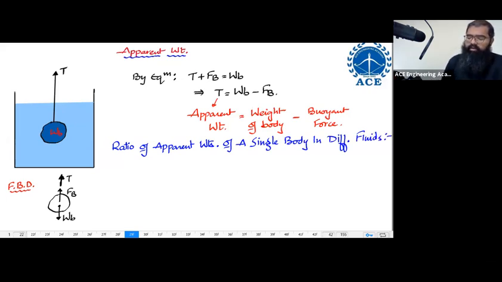We are taking a single body in different fluids. Therefore, we are getting multiple apparent weights.